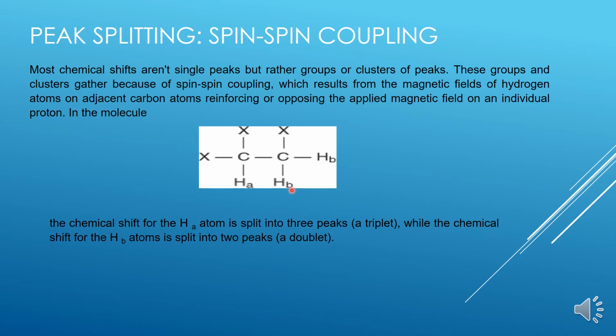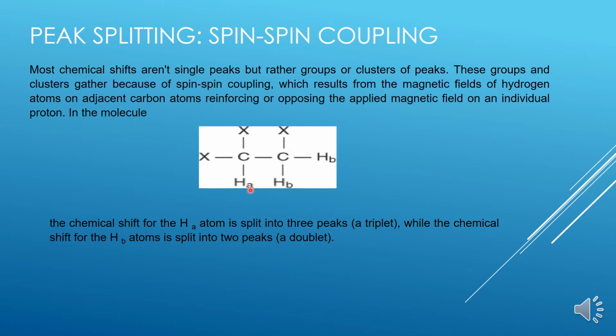The chemical shift for the HA atom splits into three peaks because it is coupled with the two HB of this carbon, isn't it?